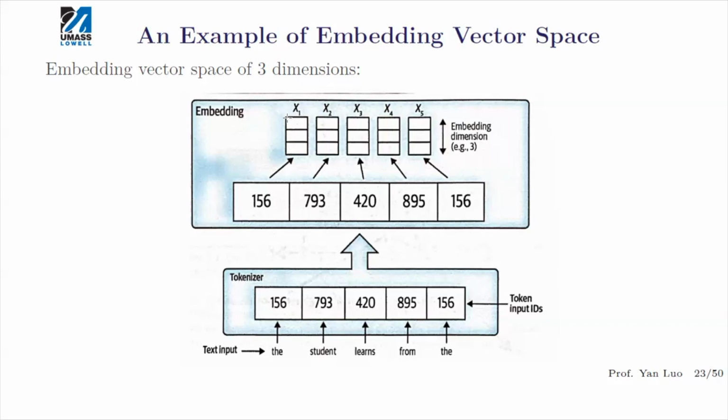Imagine you have hundreds or thousands of dimensions, so this will be a much longer vector. But that's how a token is really represented in the computer before it is processed by the neural network models. In fact, we're going to be using these vectors when we calculate the attentions between them.